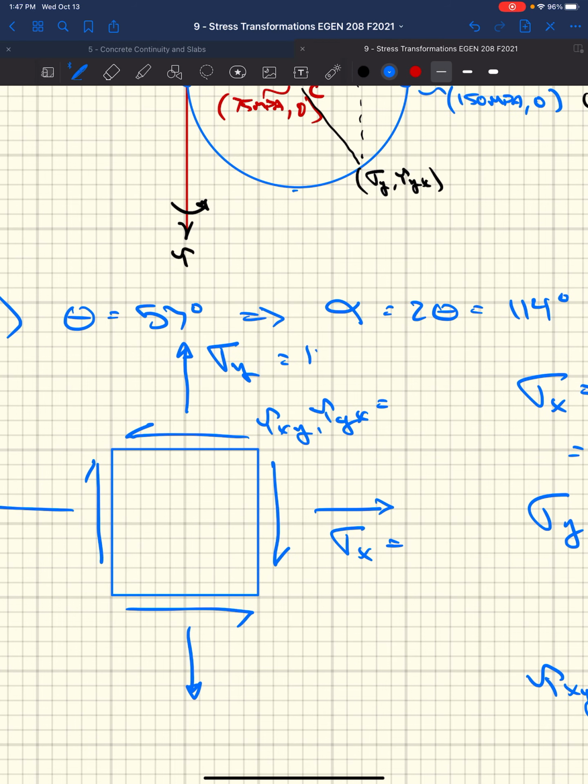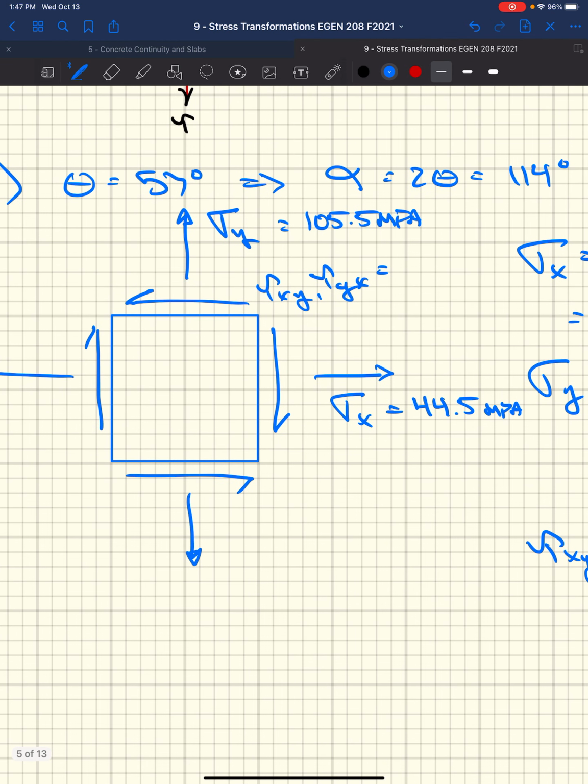So we essentially get 105.5 megapascals in the y direction, and we get, what is this, 44.5 megapascals in the x direction, and our tau xy and tau yx are equal, and they're 68.5 megapascals, right?